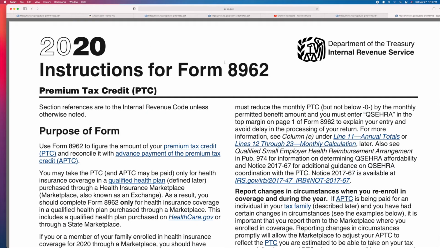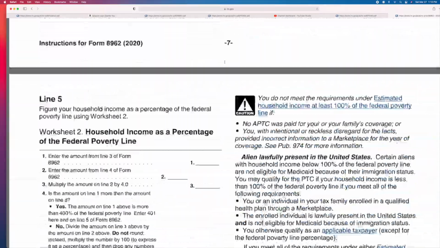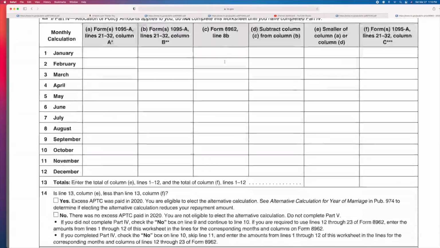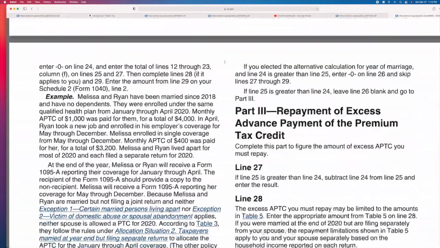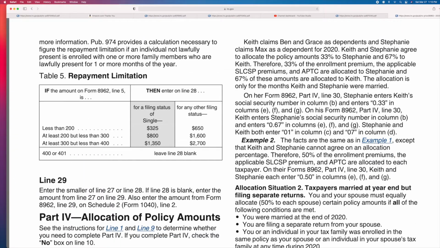And what we're going to do is slide all the way down until we get to this one little box that's going to give us the information that we need. And it's a ways. All right, here it is. Table 5, repayment limitation. Okay, now here's the key thing.